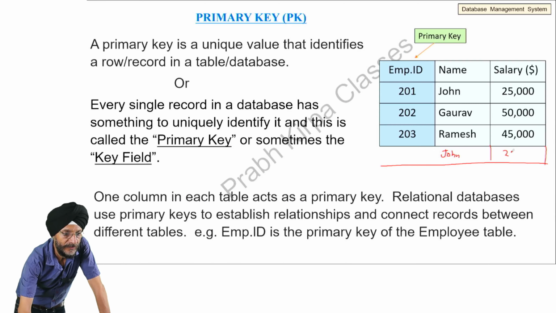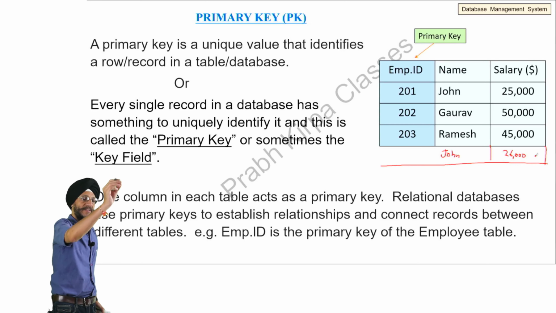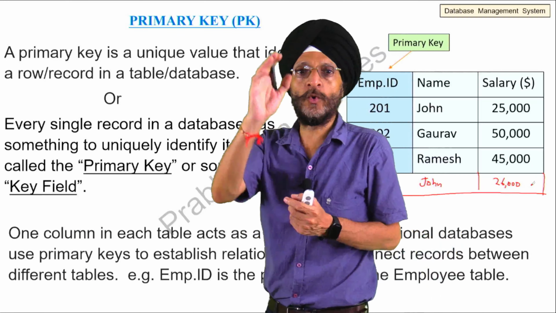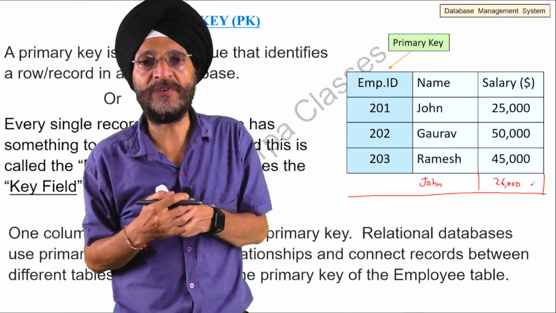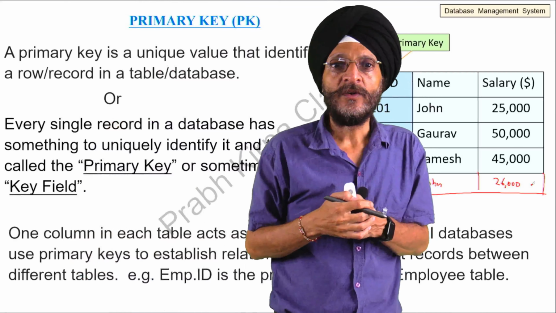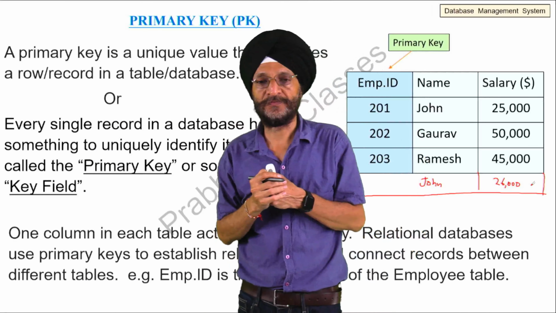When you want to identify or call one particular employee, say John, whether you will say John who is having salary of $25,000 or you will say Carl John who is having salary of $26,000. No, you will not say so.